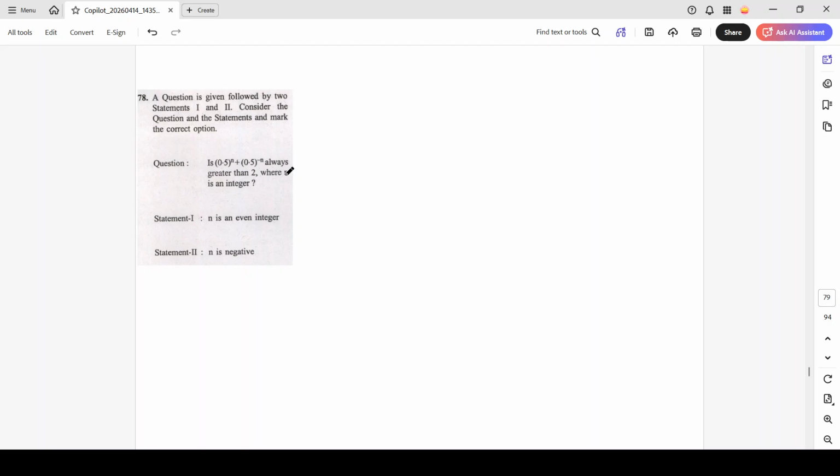So let's move on to the next question. Question number 78. Is 0.5 to the power n and 0.5 to the power minus n always greater than 2? N is an integer. Okay, that means 1 by 2 to the power n, plus 1 by 2 to the power minus n, that means 2 to the power n.